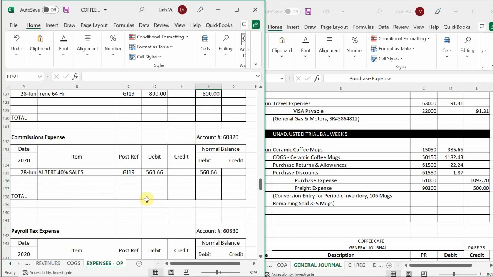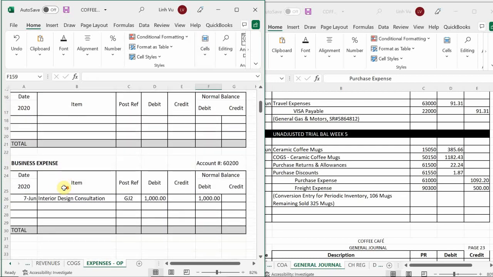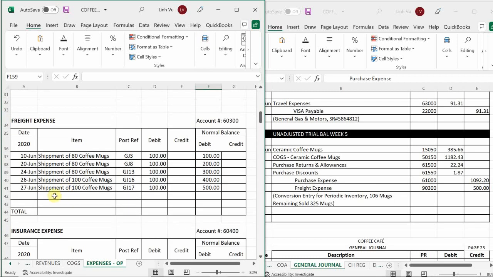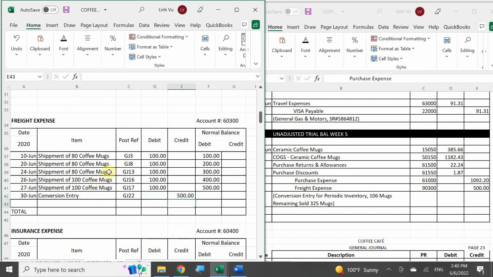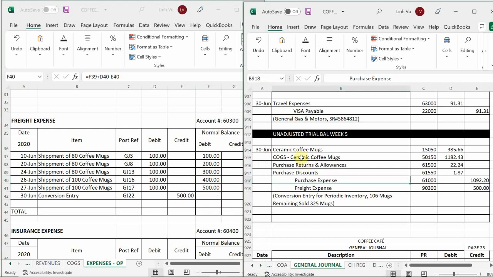And then last but not least, we also have to credit my freight expense. So my freight expense right here, 0.30, conversion entry, general journal page 22, which will credit my account for $500. So that should give you an account balance of zero. And this is it. This doesn't have to do with anything with the subsidiary ledger.